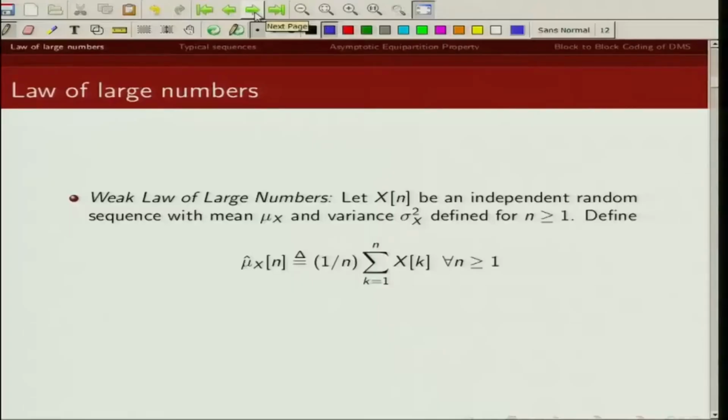Then we will talk about the consequence of these properties for block to block length coding. So, we start with the weak law of large numbers.